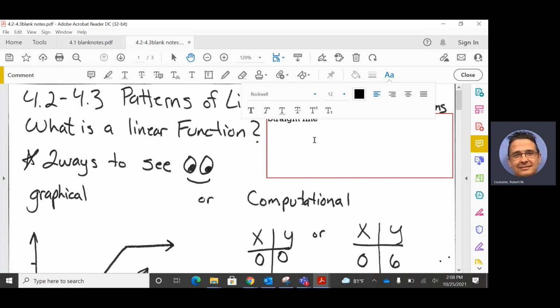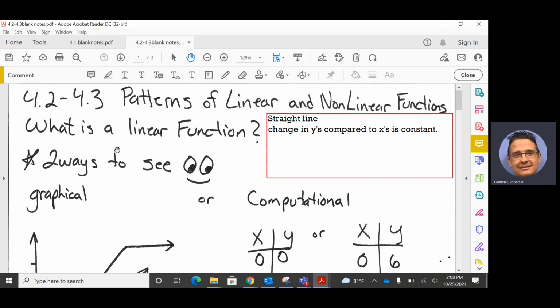Because the change that's happening in our y's, compared to the x's, is constant. So yeah, when we look at a linear function visually, it is a straight line.